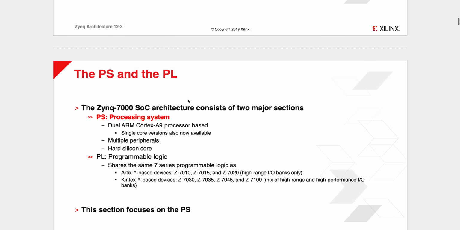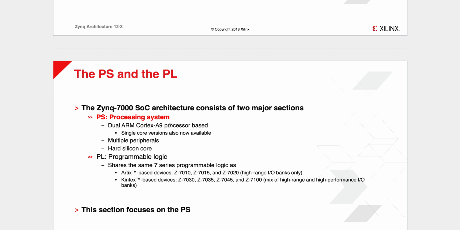the processing system and the programmable logic. So the processing system of a Zynq architecture comprises ARM Cortex A9 processors, memory interfaces, peripherals, which may be a USB cable or Ethernet, and a dedicated interconnect for communication.